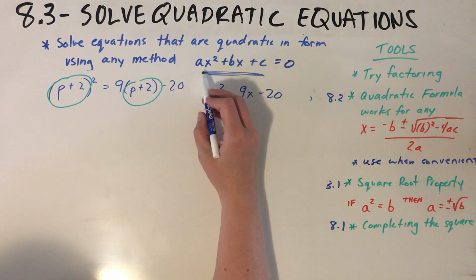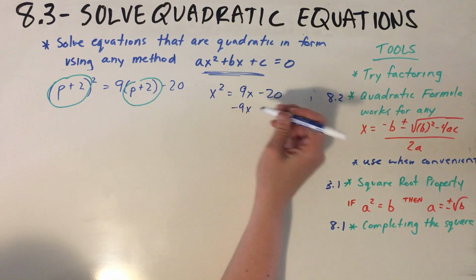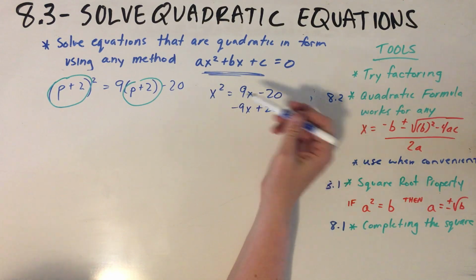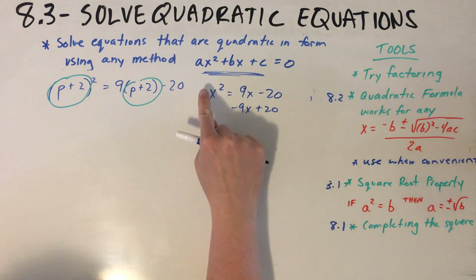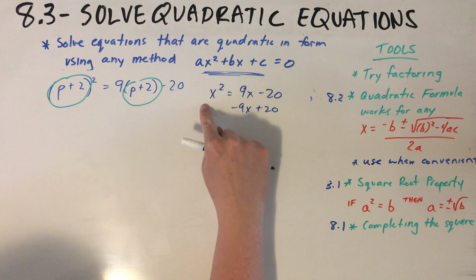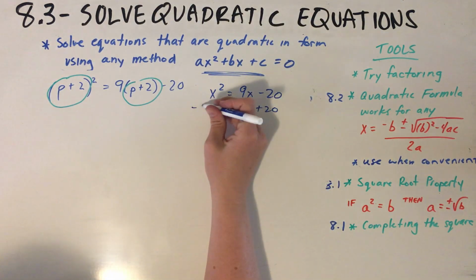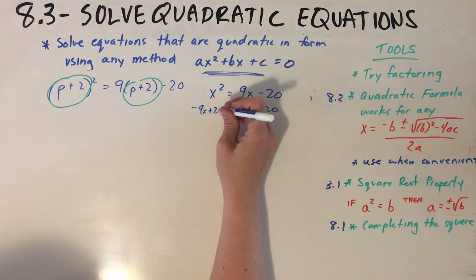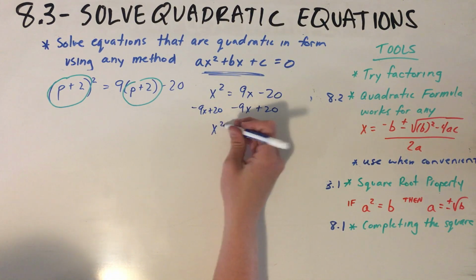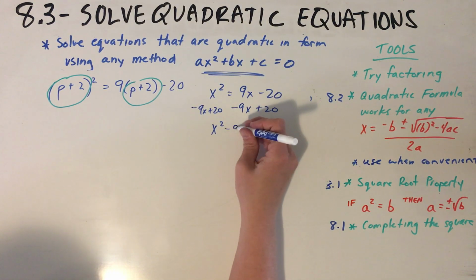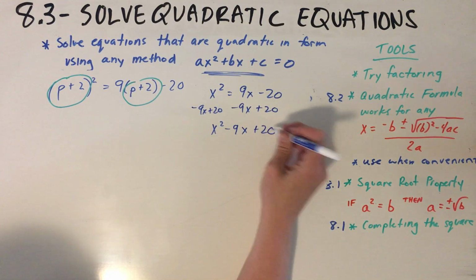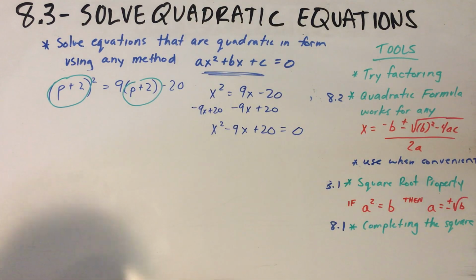Well, I want to get this equal to 0, so I'm going to subtract the 9x and add the 20. The reason why I'm doing that is I want to keep this coefficient positive because that makes my life a lot easier. So instead of moving the x squared over here, I'm going to move these over there. So I would have x squared minus 9x plus 20 is going to be equal to 0.